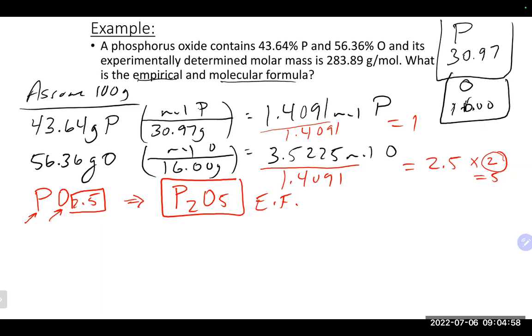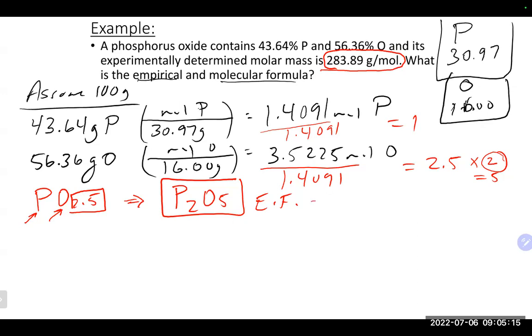At this point, we have one of the things we need to calculate the molecular formula. The second thing we need was given to us, which is the molar mass of the compound. So we just need to get our empirical formula's molar mass.